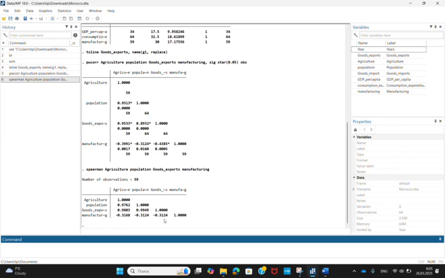For example, I can say if the number of exported goods is increasing, manufacturing is decreasing because they may export the raw materials instead of manufacturing them. This can be one of the main factors of the negative correlation.